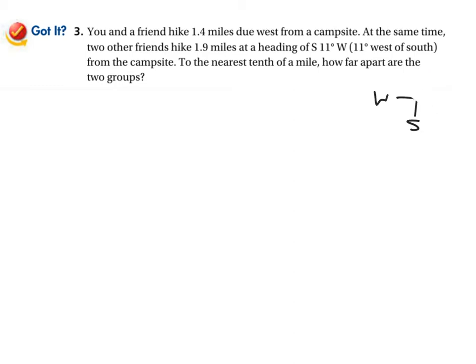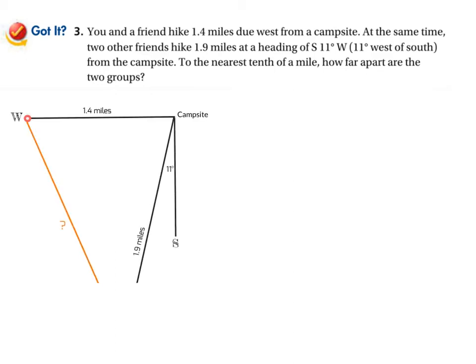Okay. So I've made my drawing. Actually, I spent some time to make this nice for you. Okay? And let's just see that it correctly compares with what it says. You and a friend hike 1.4 miles due west. This is west. At the same time, two other friends hike 1.9 miles at a heading of 11 degrees west of south.